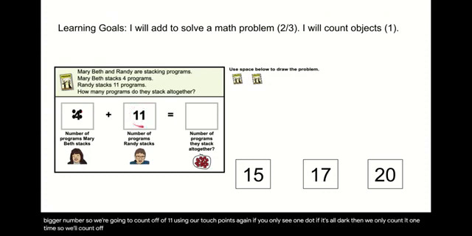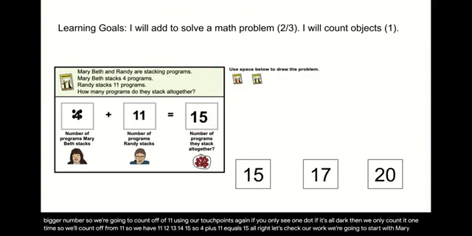So we'll count off from 11. So we have 11, 12, 13, 14, 15. So 4 plus 11 equals 15. All right, let's check our work.